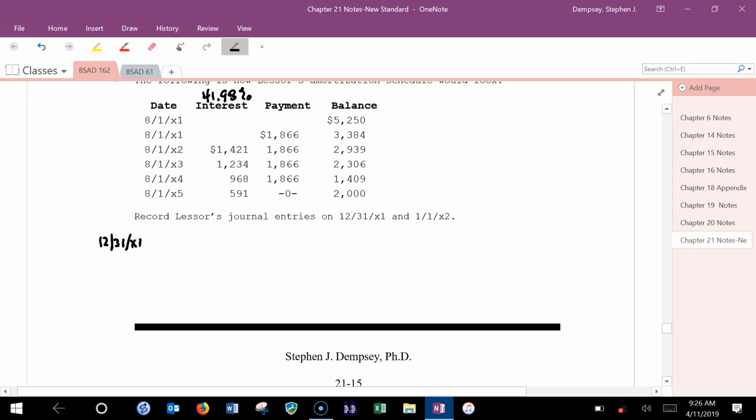And I actually see an error in my notes, but let's go ahead and fix it. They increased the net investment in the lease by that interest amount. We're not going to call it interest revenue. It's called lease revenue.